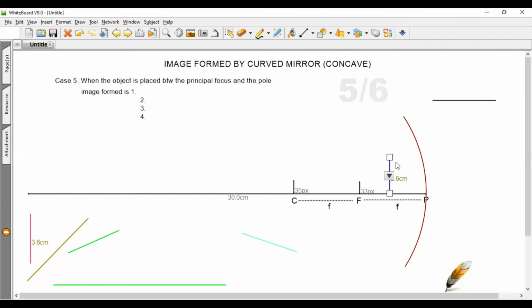So we've done this. The first thing, as usual, this ray. This is the first ray that we always use. It hits the mirror, and immediately it's the mirror, what happens? It gets converged. That is, it will reflect through the principal focus.